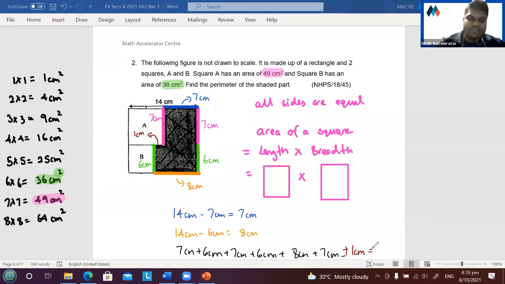Okay, now proceed to give me the final answer. So done. So the final answer is 42 cm.